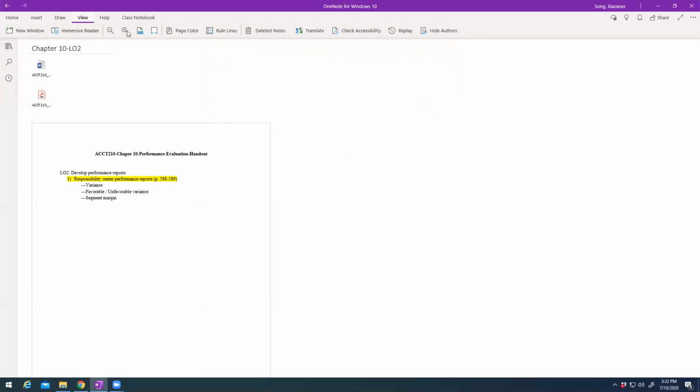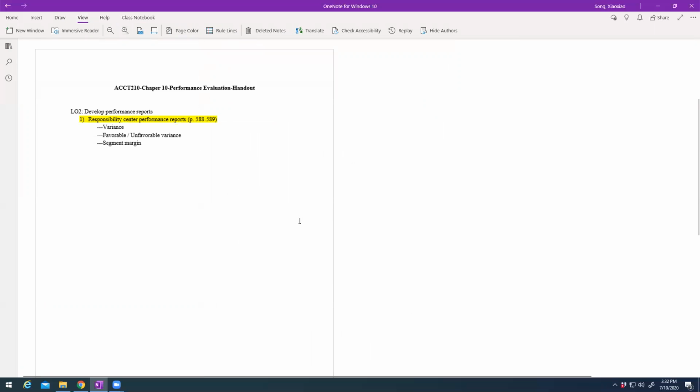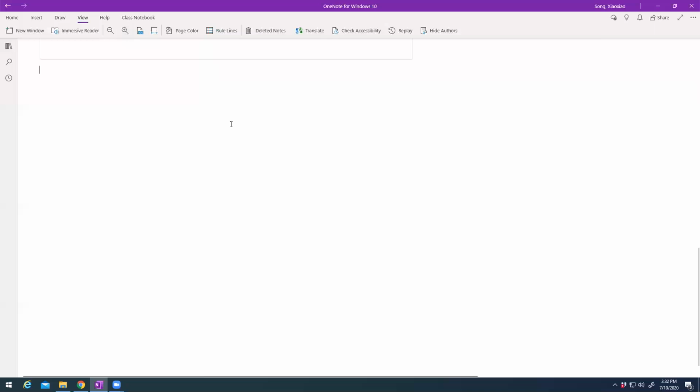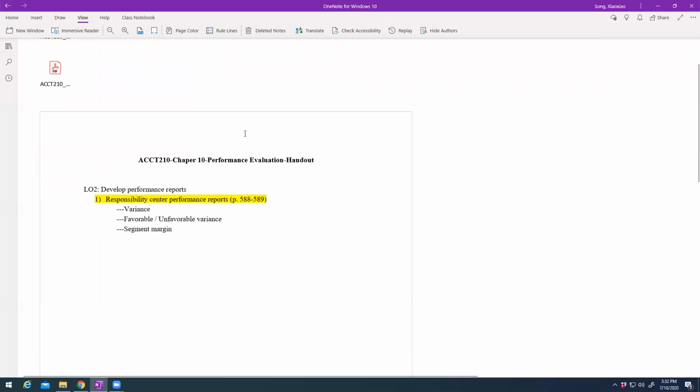Okay, I make this one a little bit larger because we don't really have a lot of things. Develop the performance reports, right? As I said in the beginning of the overview, there are 3 ways to evaluate your employees' performance. Learning objective 2 and learning objective 5 carry the first method, which uses the word variance.